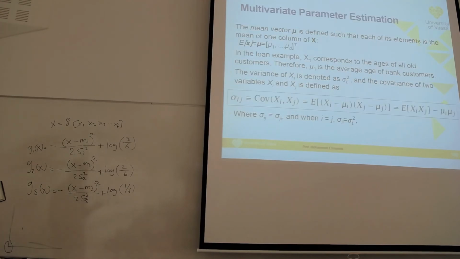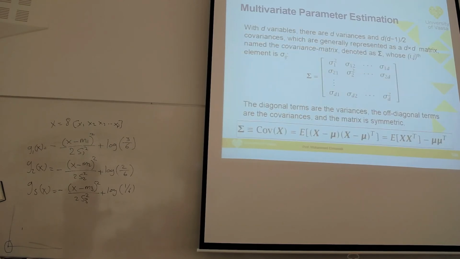Okay, now we have multiple data. How can we build the discriminant function if we have multiple data? When we have multiple data, then we have a multivariate distribution, and we already saw before that for the multivariate distribution we need to build the covariance matrix.